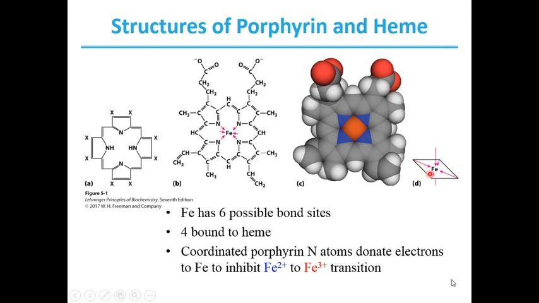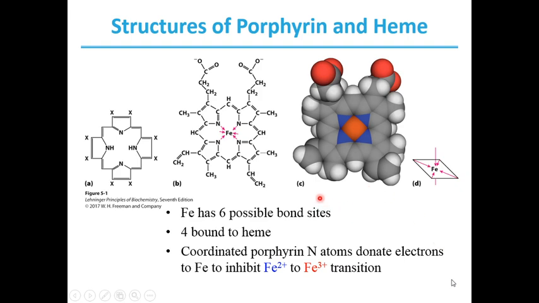As you can see here, 2 of them are perpendicular, one on top, one on bottom, and the flat ring is from the porphyrin itself. The coordinated nitrogen atoms help prevent conversion of the heme iron Fe2 plus to Fe3 plus, that is from ferrous to ferric.